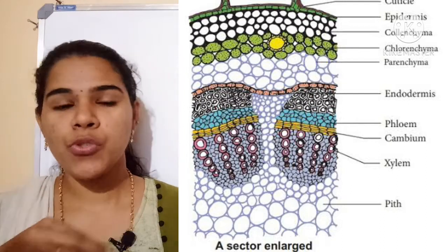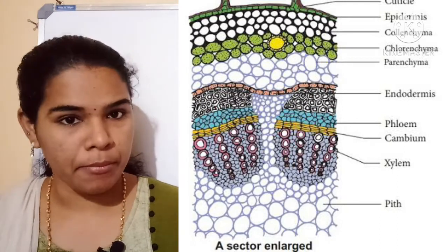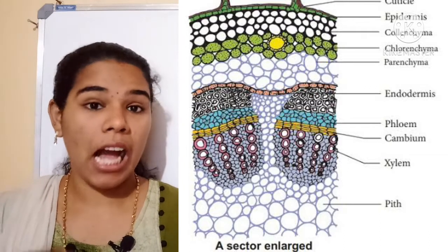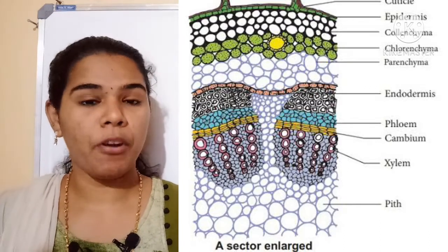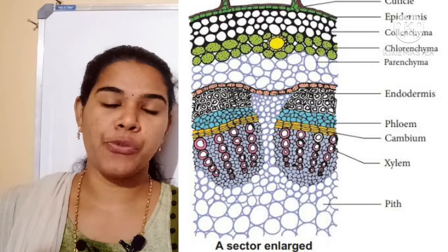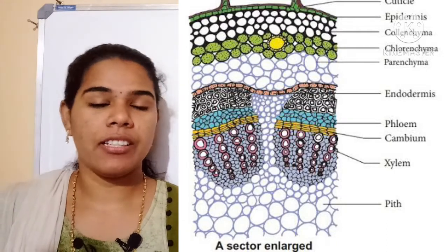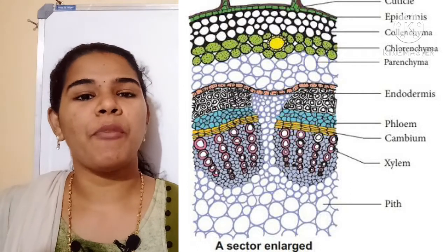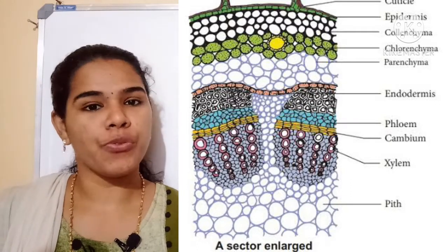The outermost layer is the epidermis, below it is the hypodermis made of collenchymatous tissue, and the third is the cortex region, made of parenchymatous tissues.